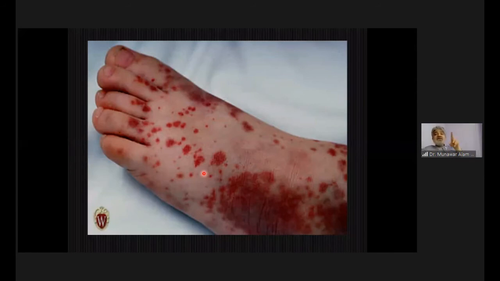If it is due to deficiency of platelets or deficiency of platelet function, then it is known as thrombocytopenic purpura. You must know that if platelets are deficient, their function is deficient. The function of the platelet is just to plug.